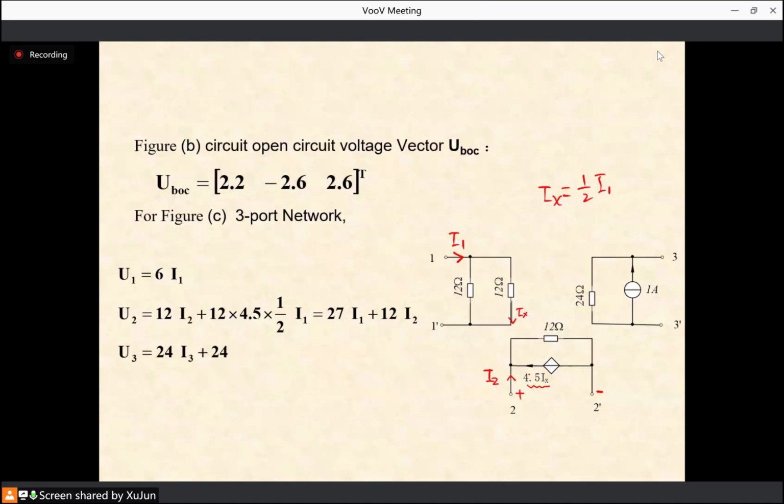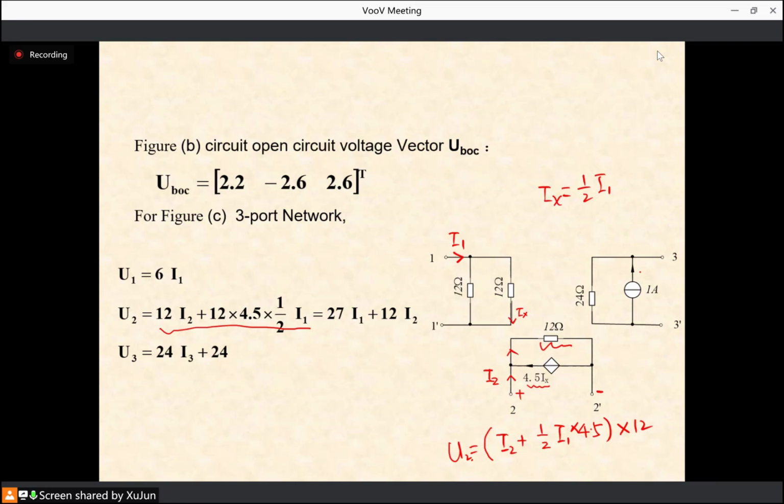So it will be the total I2 plus 1/2 I1, mod 4.5. So this is the total current at this position, and times the 12 resistor will be the total U2. So it will be this function. It will be a little difficult.